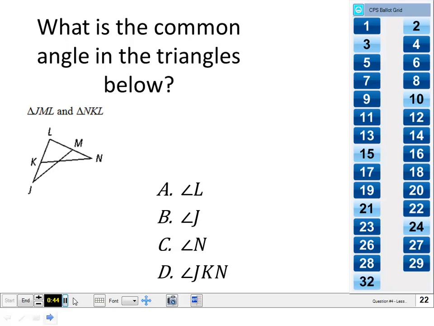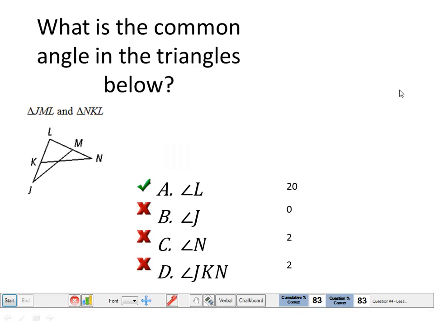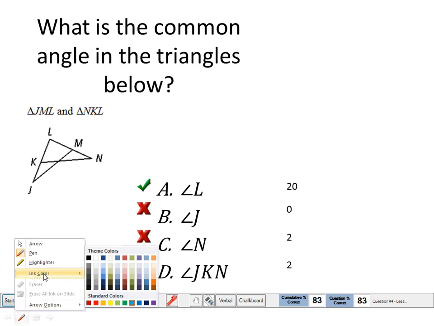When your number turns dark blue, that means your response is in. Is everybody content with your responses? Okay. Not bad. 83% of us are correct. They do share angle L. So again, it might be easiest if you redraw the triangles.